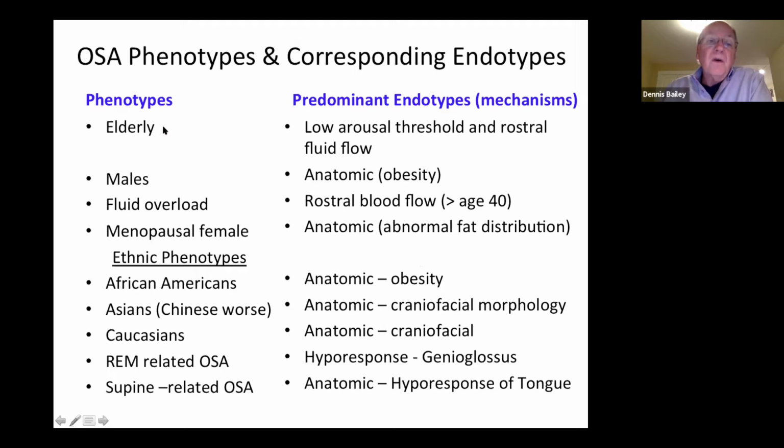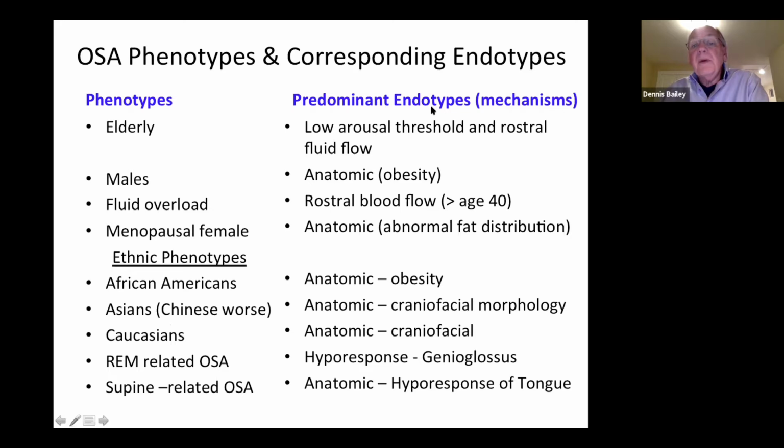And as I mentioned, post 65 years of age, it seems to plateau. We know that there's a high predilection to males. We know there's fluid overload. We know that there are changes associated with menopausal females. In the ethnic phenotypes, we look at all of these that are related here, as well as REM-related OSA in these different groups and supine-related OSA.